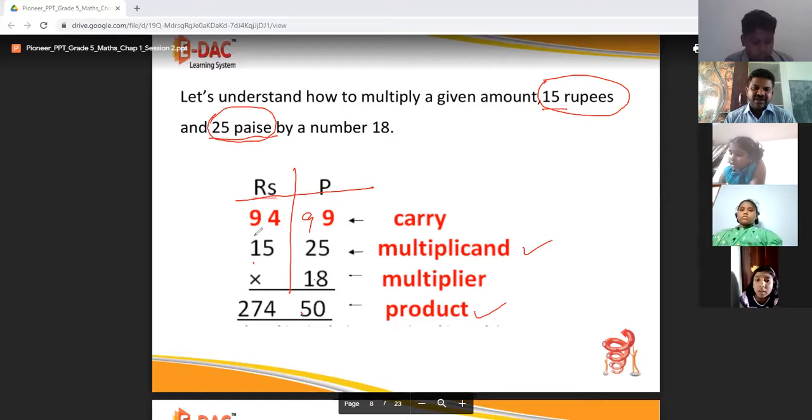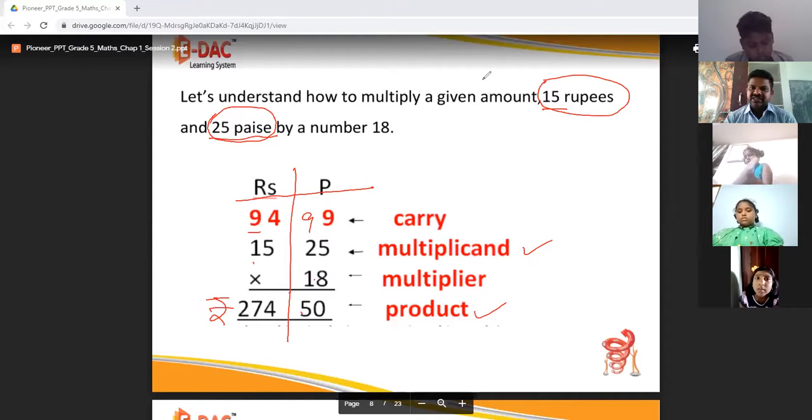So 4 is written and 9 is carried. Then 18 1s are 18 plus 9 is 27. Altogether, he gets 274 rupees 50 pies. So this is the way we multiply rupees and pies, or money units, by particular numbers.